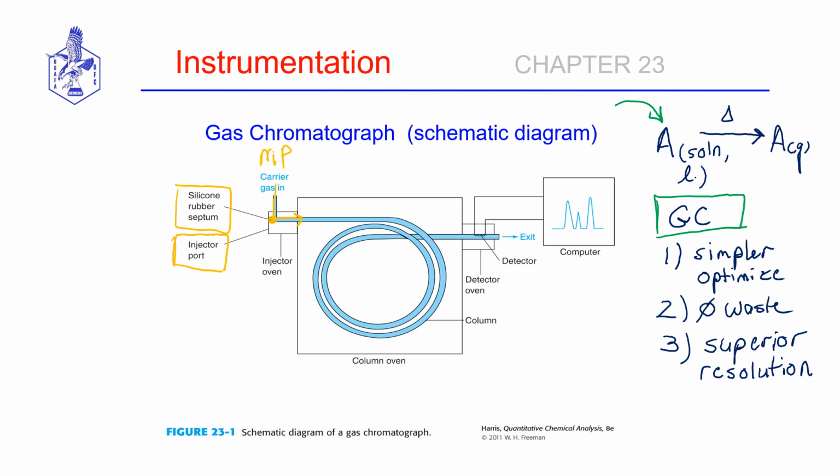So, practical considerations of things that we need in our instrument. Obviously, if I'm going to get this species up into the gaseous phase, I need heat. So your injector component has to be under temperature control. Then our sample traverses the column.